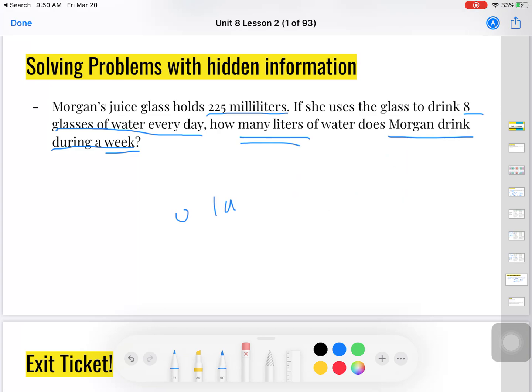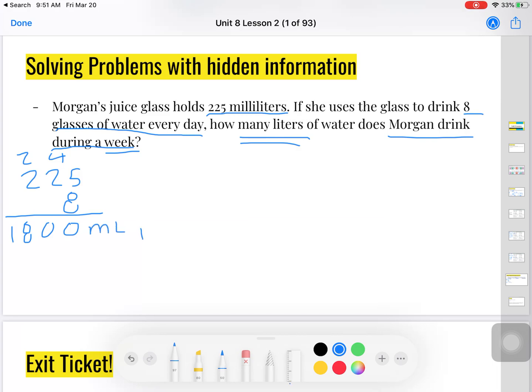So I'm going to take 225 times 8. Go ahead and do my work. 40, 20, 18. So she's going to be drinking 1,800 milliliters per day.